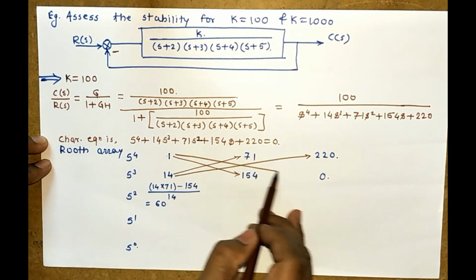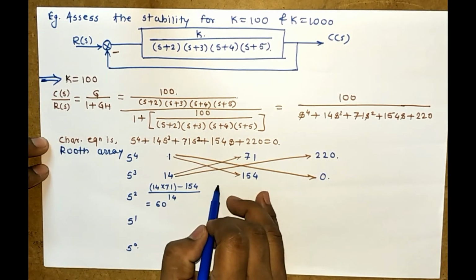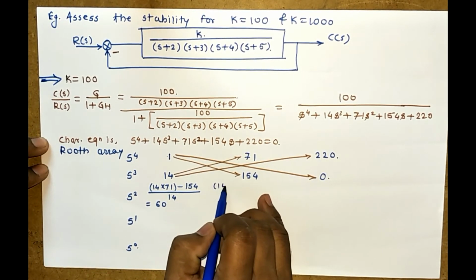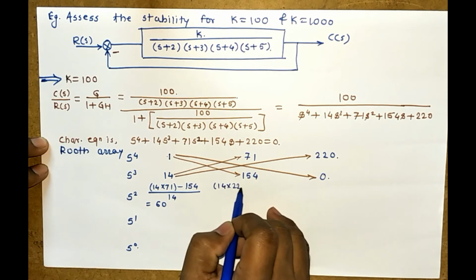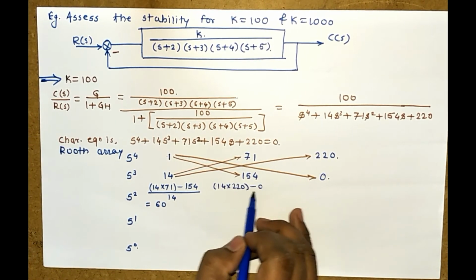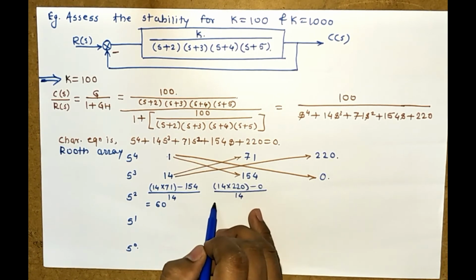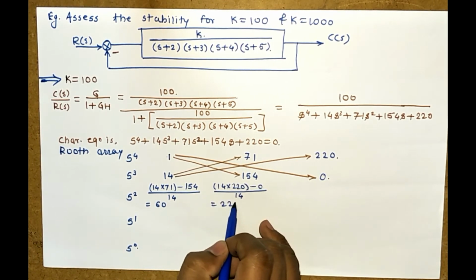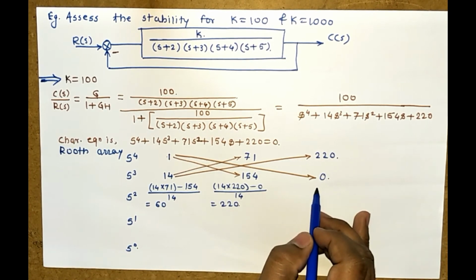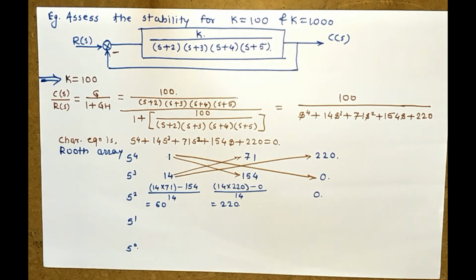Now try to find out the next term. That is 14 into 220 minus 0 divided by 14. If you solve this, you get answer 220. Now the next term is 0.